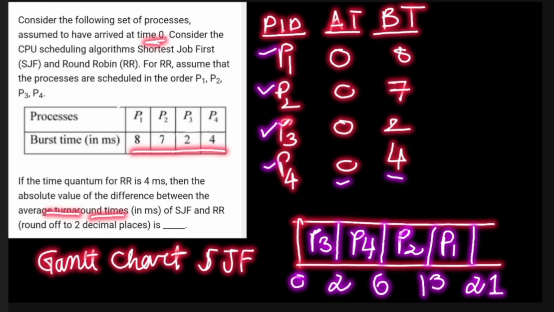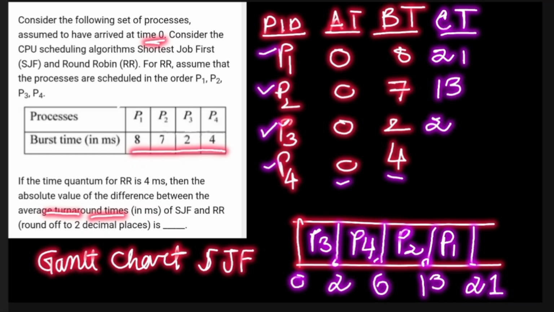Okay, then note down the completion time of each process. P1 is completed at 21. P2 has completed at 13. P3 has completed at 2. And P4 has completed at 6.